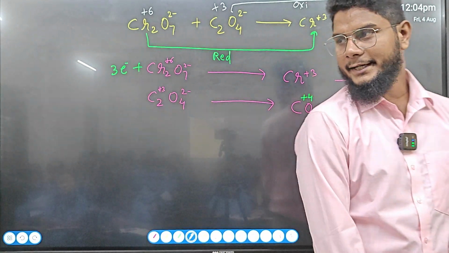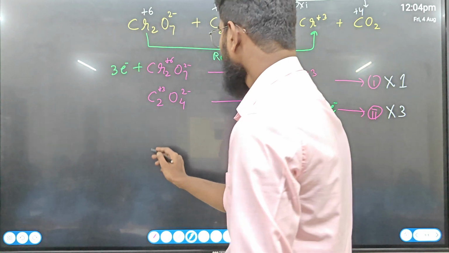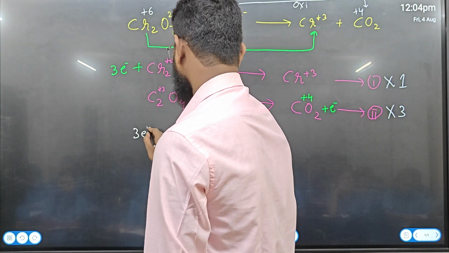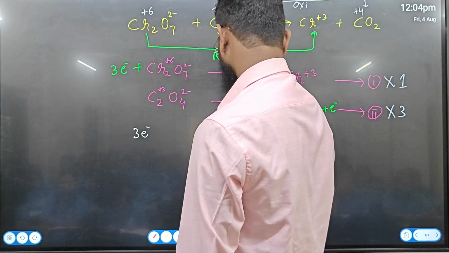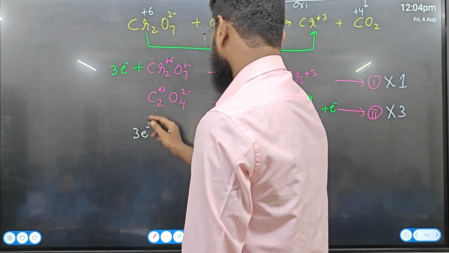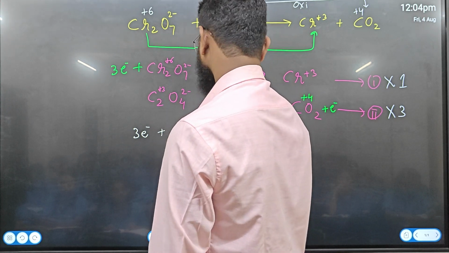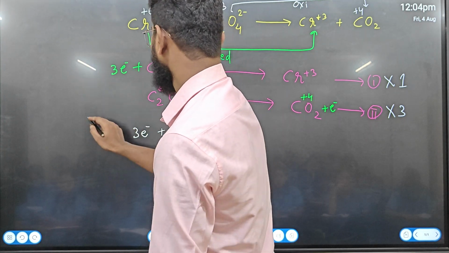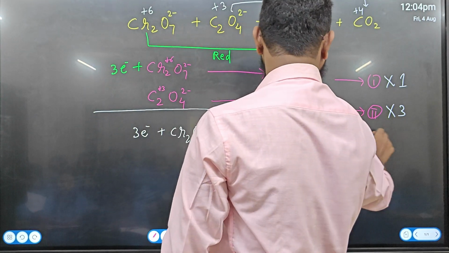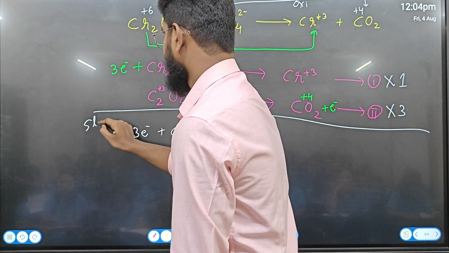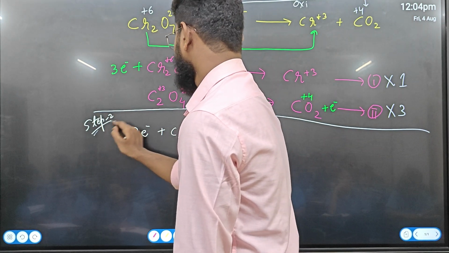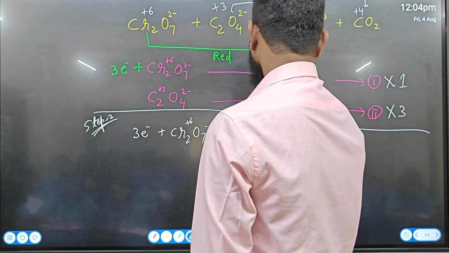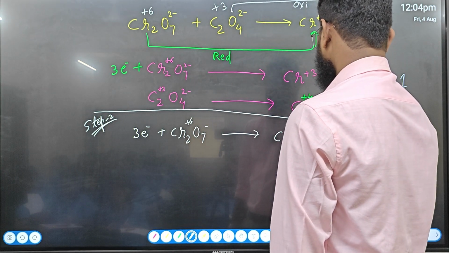What will you get now? So 3 electrons plus Cr2O7 2 minus, this is your second step, you are getting Cr plus 3.